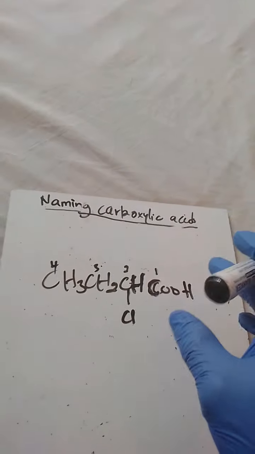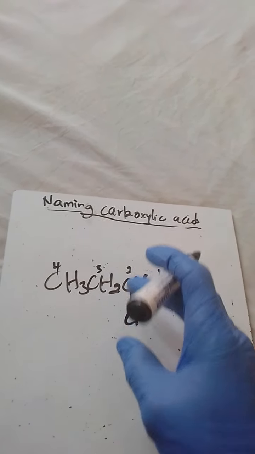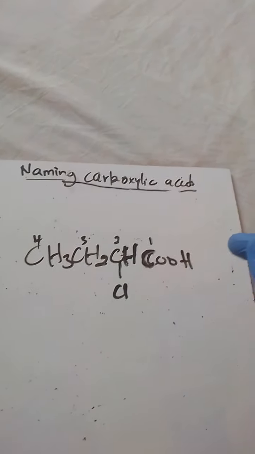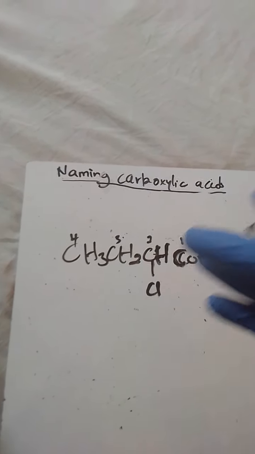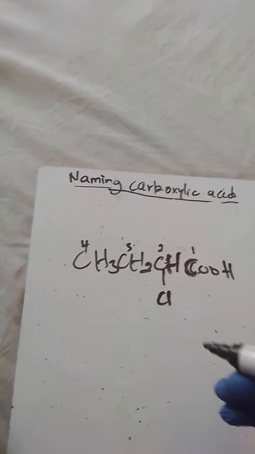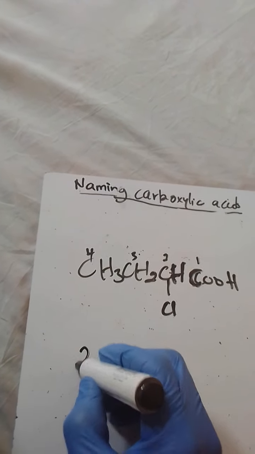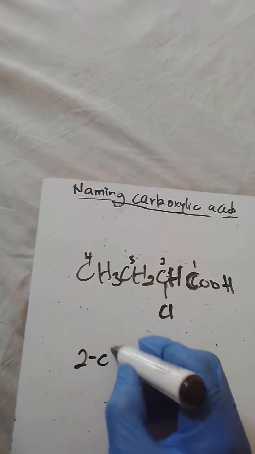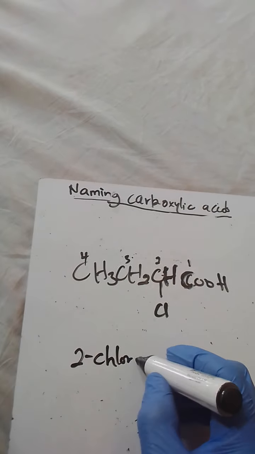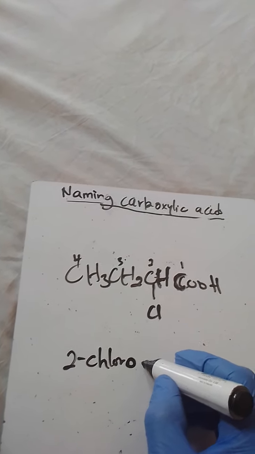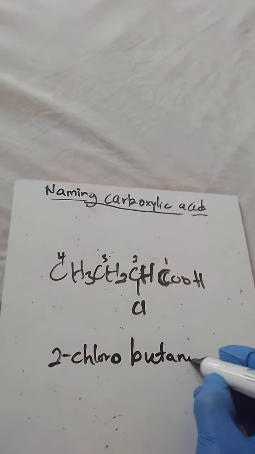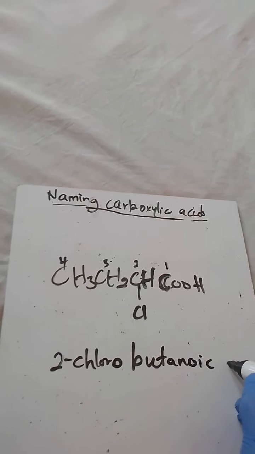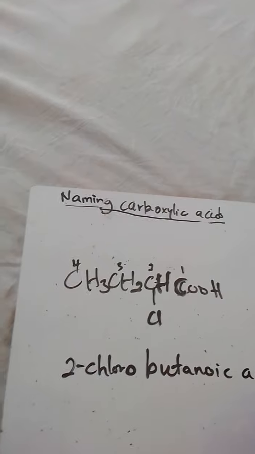So butanoic acid, on the second carbon, one of the hydrogens has been replaced by chlorine. So in naming this, we show the position of the chlorine in the nomenclature. So it's going to be 2-chlorobutanoic acid.